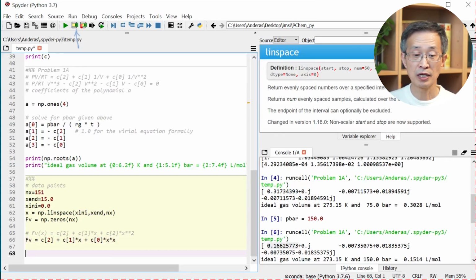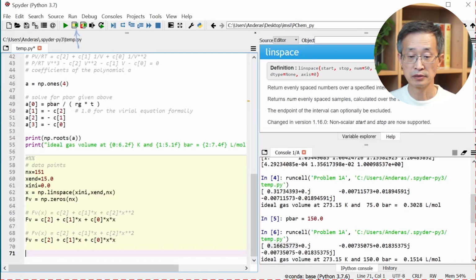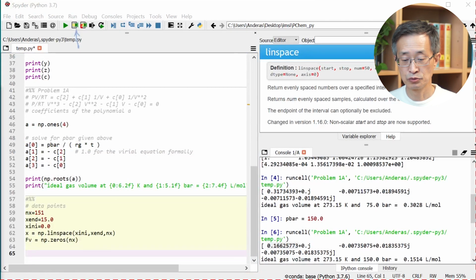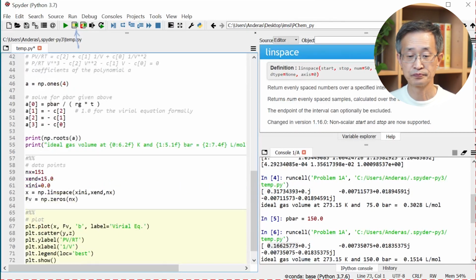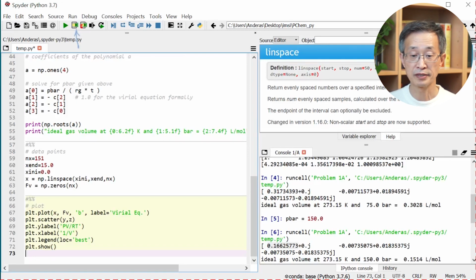In order to plot, you are going to use the plot library routines. You could do just like this. So let's do plot. Did I run this one? Not yet, I didn't.